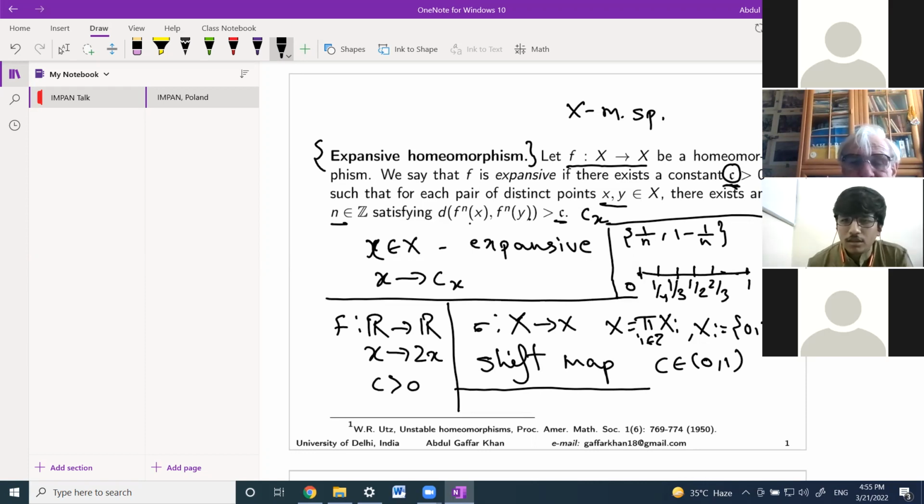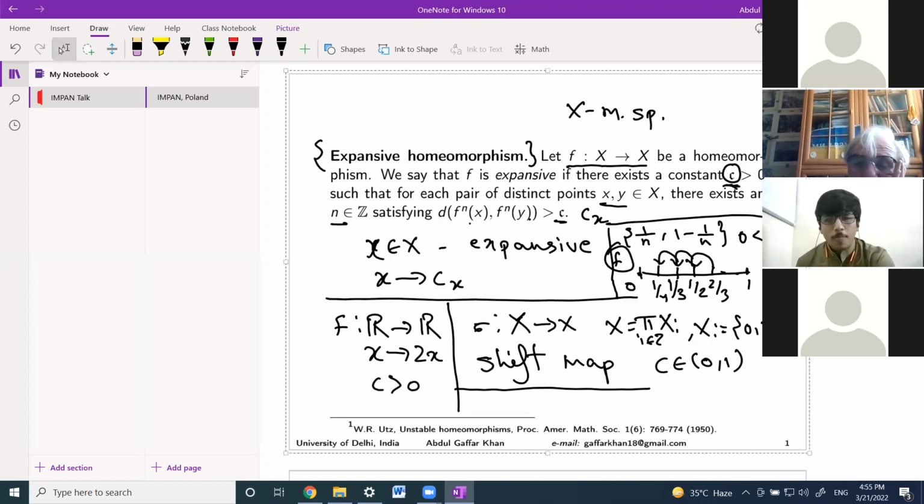Define a homeomorphism F in such a way that 0 and 1 are fixed points, and every element goes to the immediate left of its element. This homeomorphism is also expansive, and the expansivity constant satisfies 0 < C < 1/6.